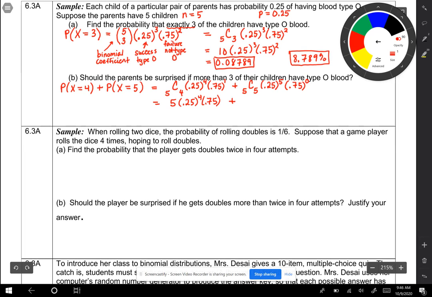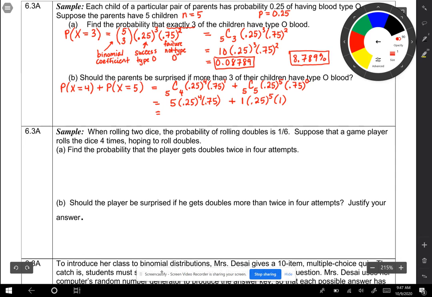Here, when those numbers are identical, there's only one way of all 5 having type O blood. There's just one way to do that, so it's just going to be 1 times 0.25 to the fifth power. And if you remember your rules of exponents, any non-zero number raised to the 0th power is equal to 1. Right.